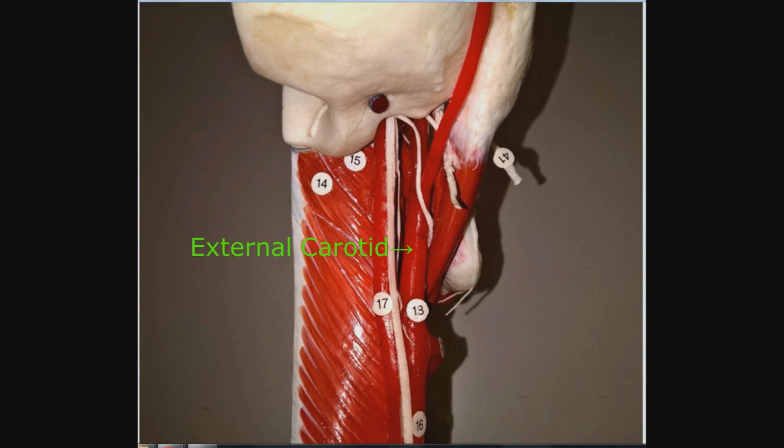Next, crossing the external carotid artery in an inferior and lateral direction, and also inferior to the occipital artery, we have the hypoglossal nerve, which is number 12. In between the occipital artery and the mastoid process, we have the accessory nerve, which is the 11th cranial nerve.